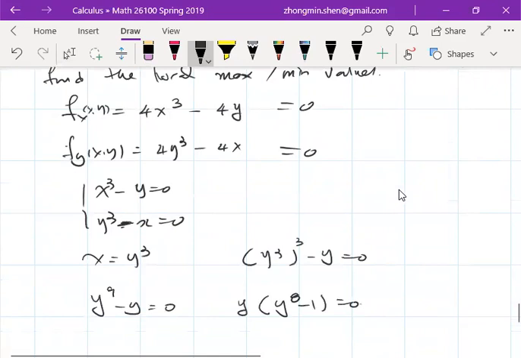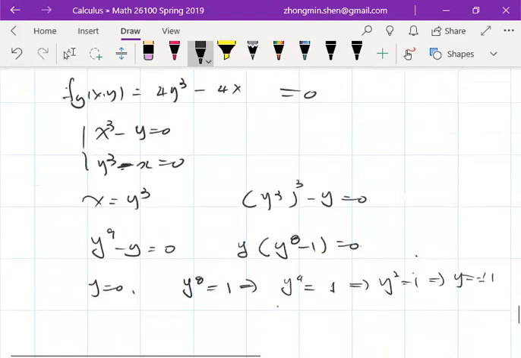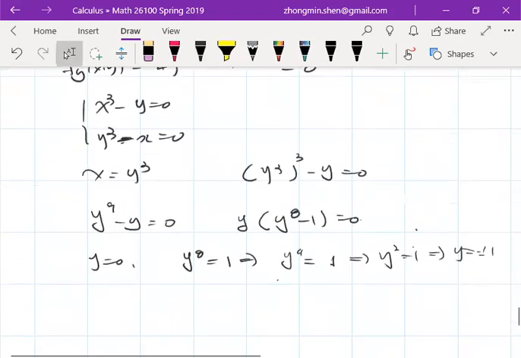So you get y equals 0, or y to the 8th equals 1. This implies y to the fourth is 1, which implies y squared equals 1, which implies y equals plus or minus 1. There are no other solutions. So you have a total of 3 different values for y.